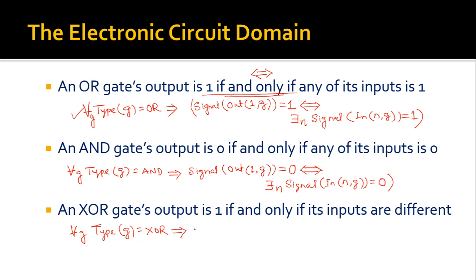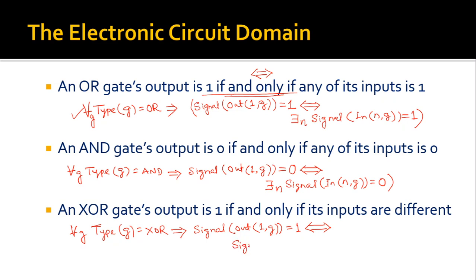That means signal out 1 G equal to 1 if and only if the signal, it has two input terminals, right?